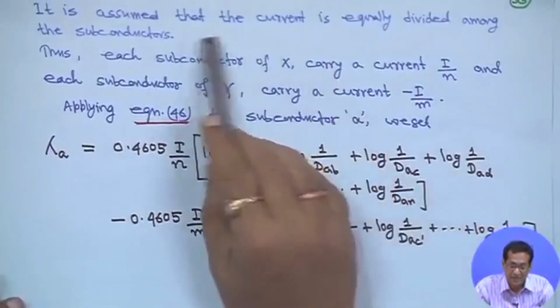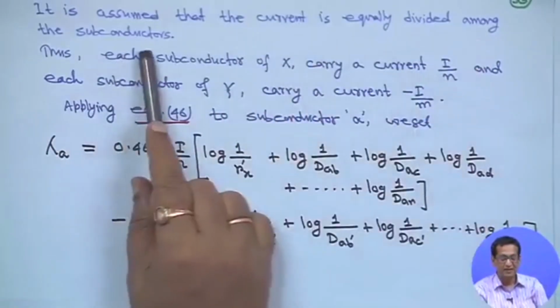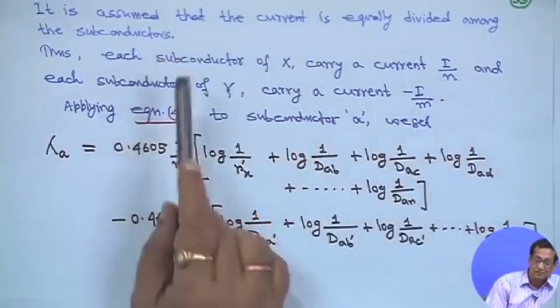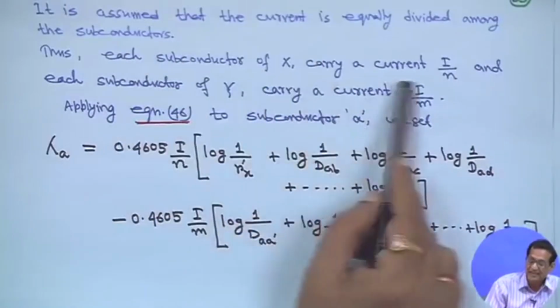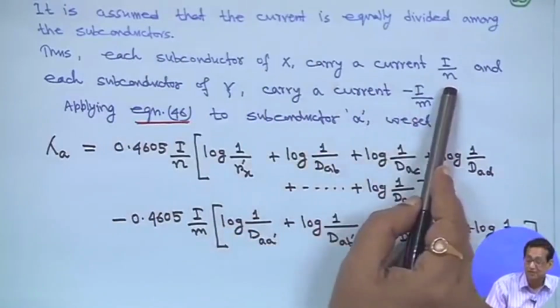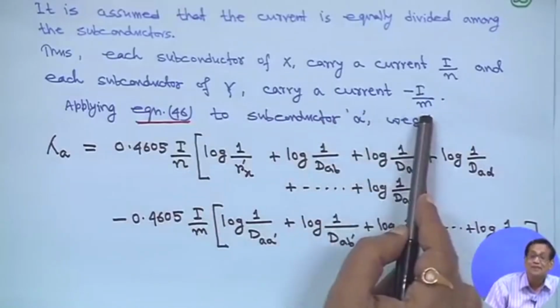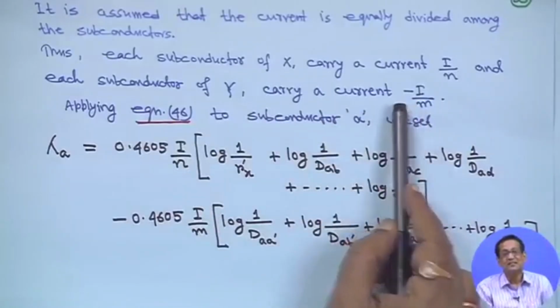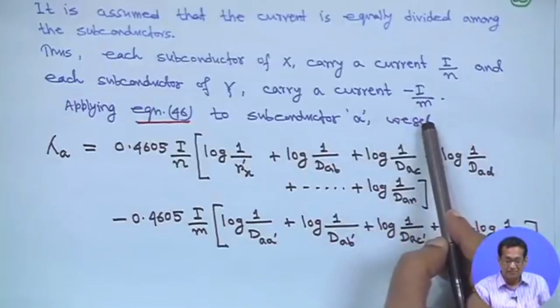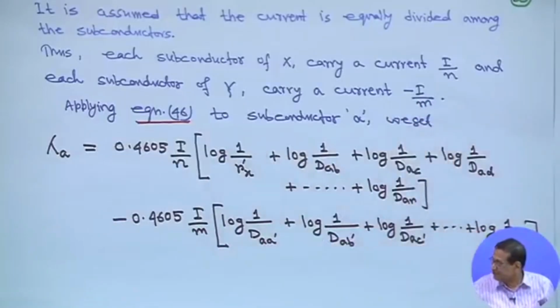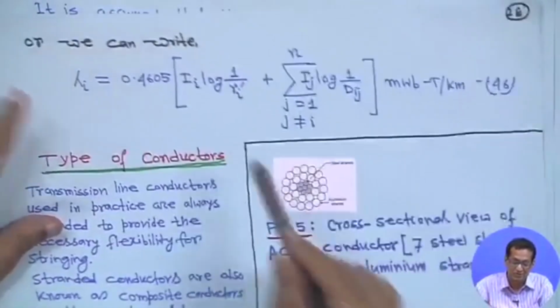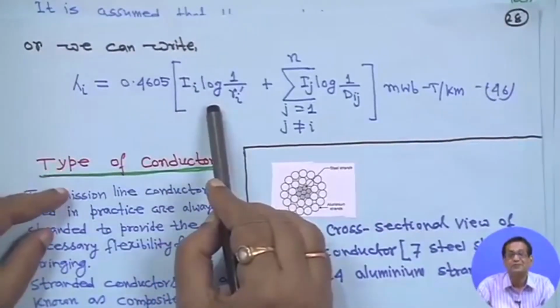So, we have assumed that current is equally divided among the subconductors. Each subconductor of X carries a current I by N, and each subconductor of Y carries a current minus I by M, the minus sign being the return path.